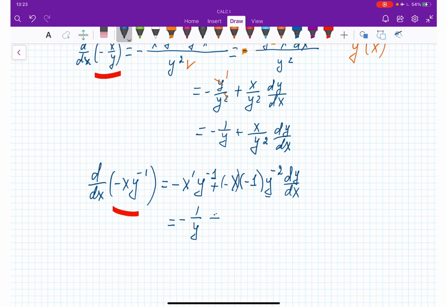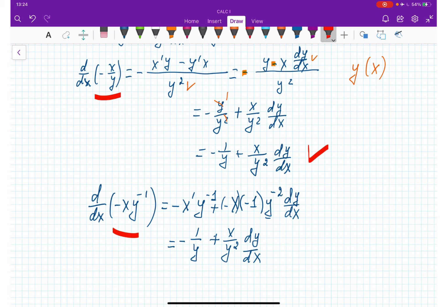So we end up with plus x over y squared dy by dx. So if you compare differentiation using the quotient rule or the product rule, we get the same result.